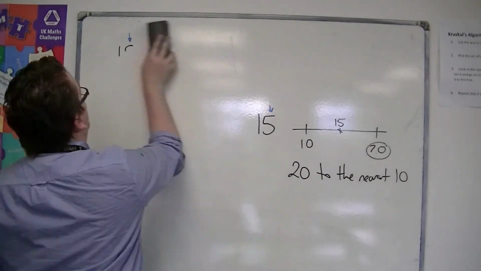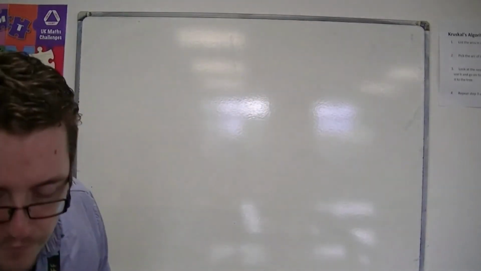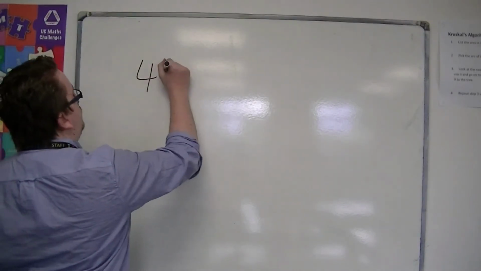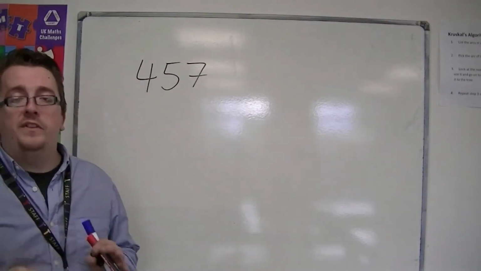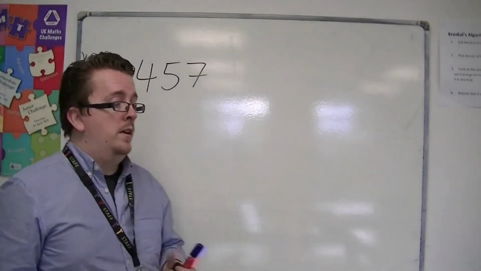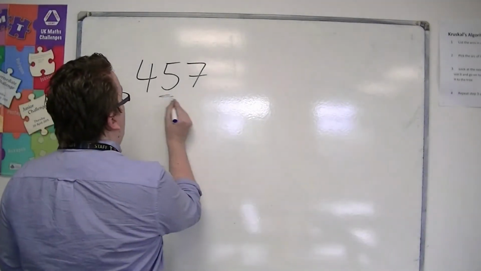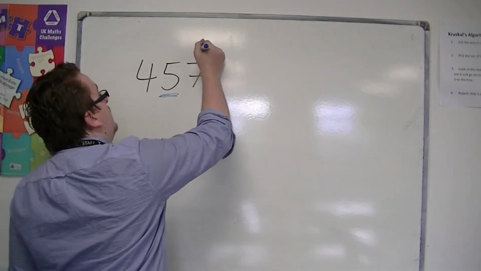Well, then again, it's not quite the nearest 10, because I still know examples where people get confused. If I was looking at the number 457, and I wanted to round that number to the nearest 10, you look at the tens column, as we did in the previous examples, and you're always looking at the number to the right.